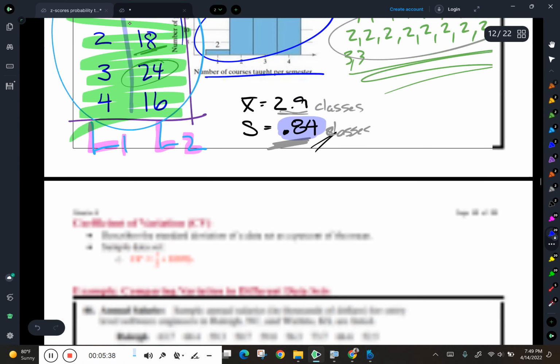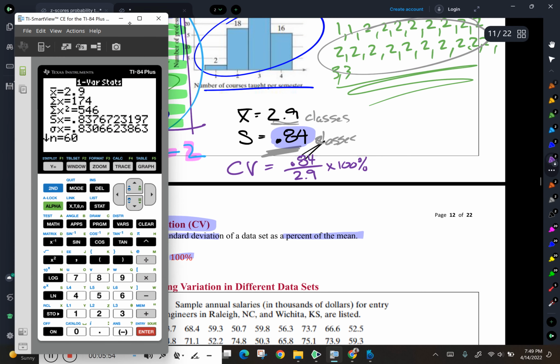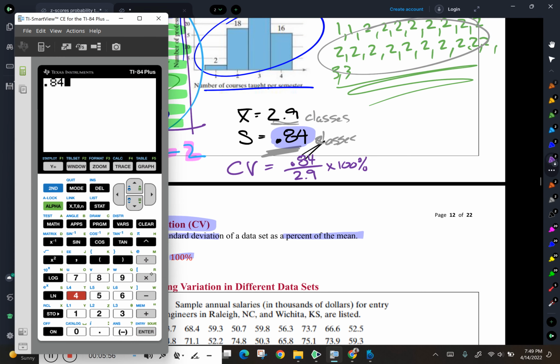So for our previous example, the coefficient of variation will be 0.84 divided by 2.9 and then times 100%. I'm going to need a calculator for that. So 0.84 divided by 2.9 gives me roughly 29%. The variation is 29% of the mean.